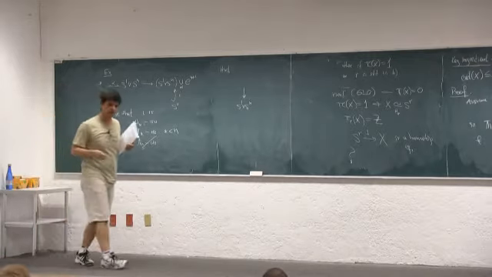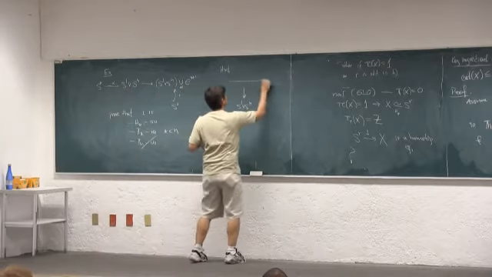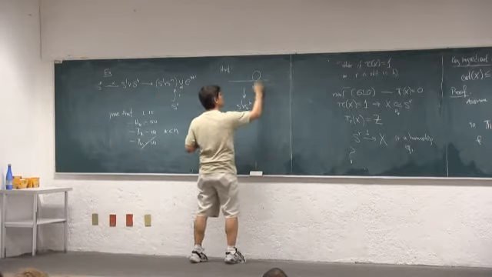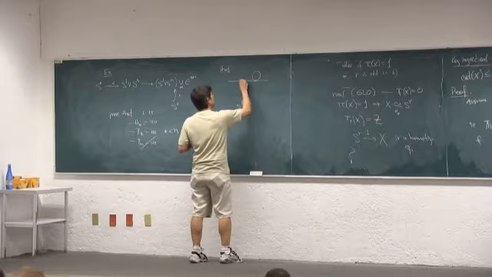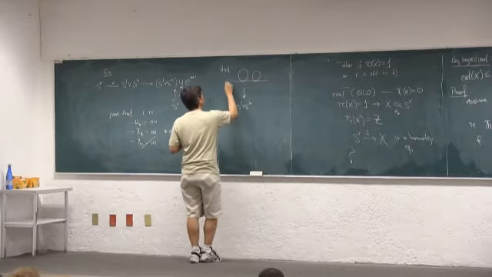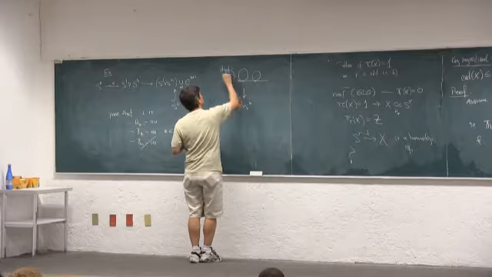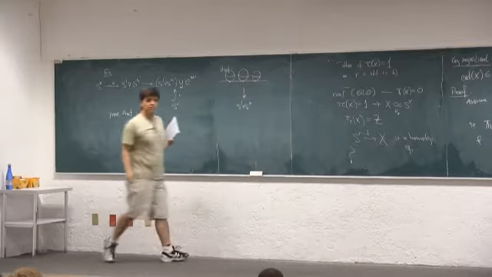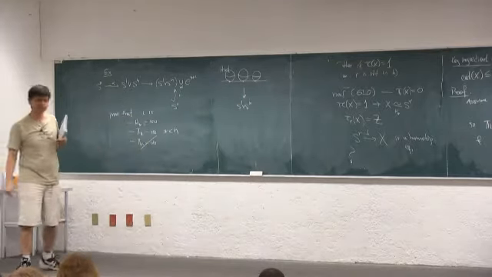This n is supposed to be large. So it looks like this: a copy of the reals, and over each integer you put a sphere of dimension n. So that's the universal cover.